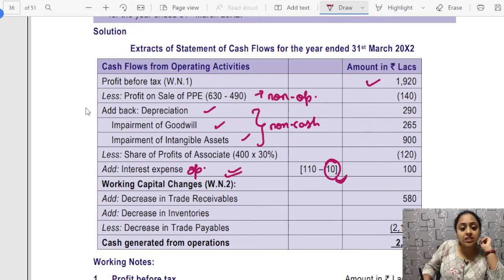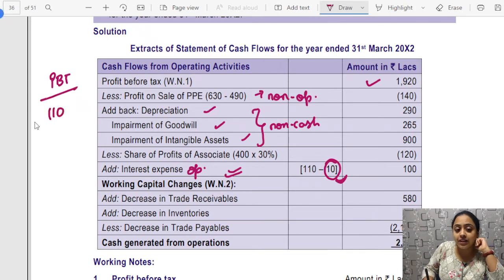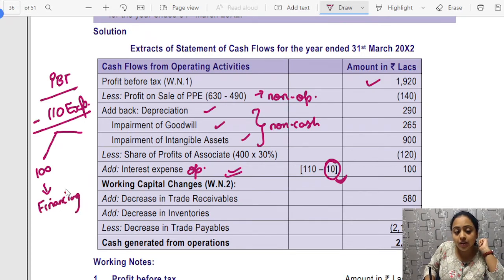Since this PBT was earlier having 1110 deducted as expense, now this 1110 has two parts. 100 lakh should go in the financing part, and this 10 lakh should be capitalized or added into the asset portion.